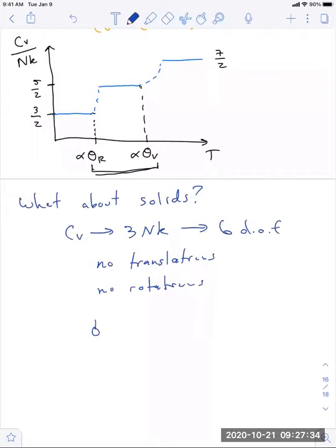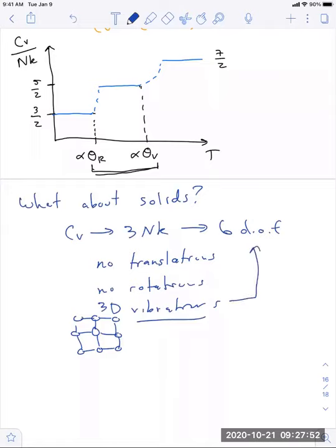But we do have a network of bonds in all 3 dimensions, which means we have 3D vibrations. So 3 vibrational degrees of freedom equals 6 total degrees of freedom. And so all of our heat capacity comes from vibrations for solids.